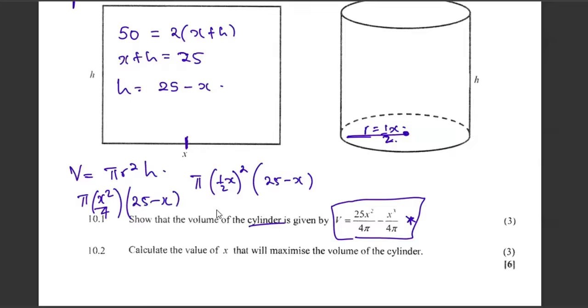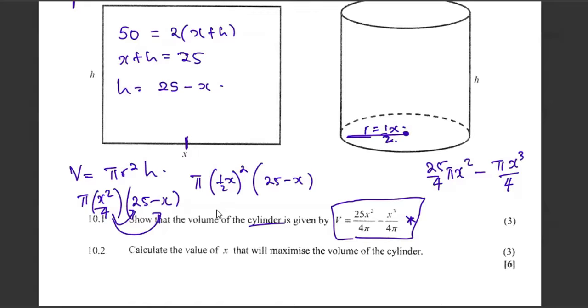Now let's open this up. So this multiplies with this and with that. So this is going to give us 25 over 4 pi x squared minus x squared times x, which is going to give us x cubed. So it's going to be pi x cubed over 4.